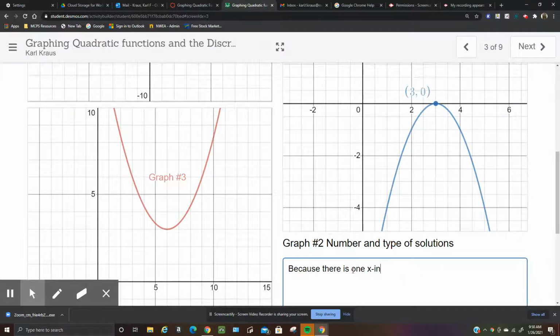Because there's one x-intercept, there's one real repeated solution.